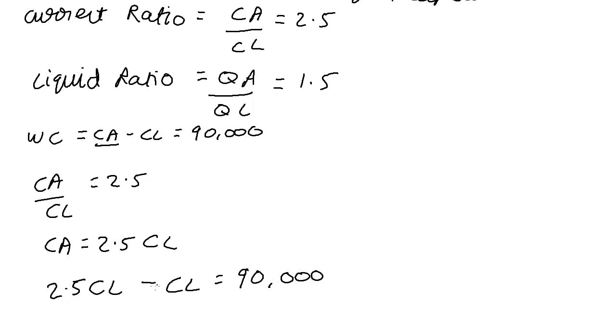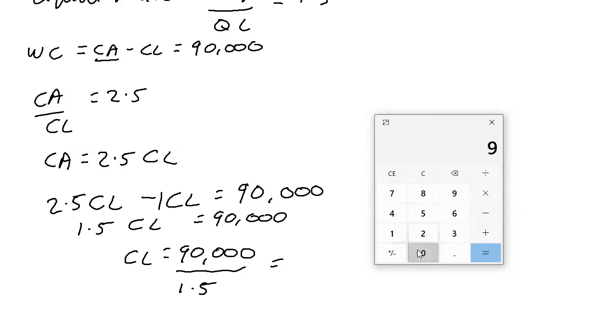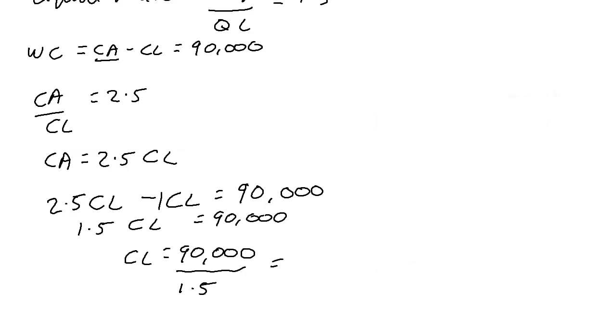That means 2.5 CL minus 1 CL is equal to 1.5 CL, which is equal to 90,000. Now CL is 90,000 upon 1.5, which gives us 60,000. So current liabilities is equal to 60,000.